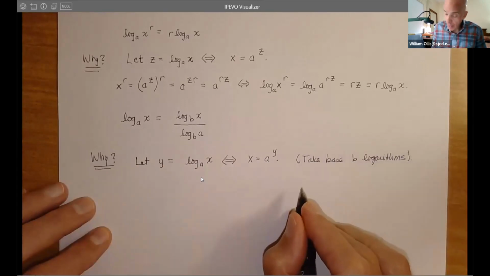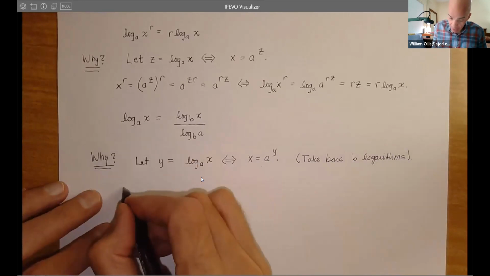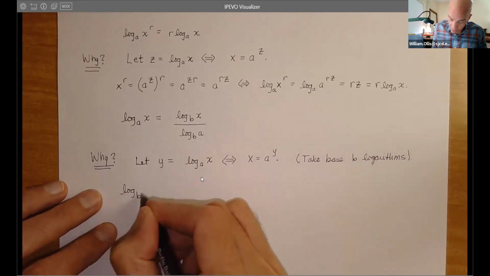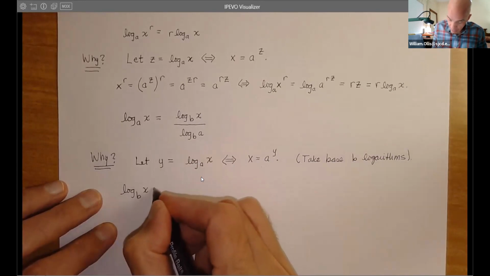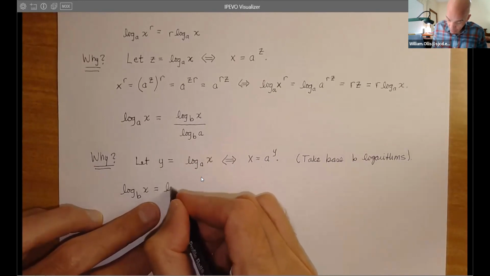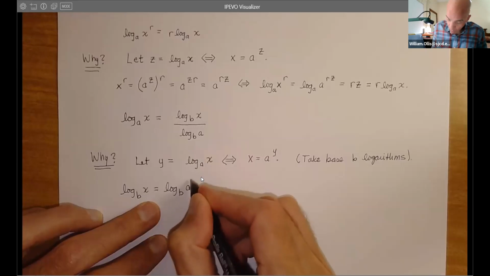So when we do that, that's easy to do. So now we look here and we have the base B logarithm of x equals, in this case, the base B logarithm of A to the y.